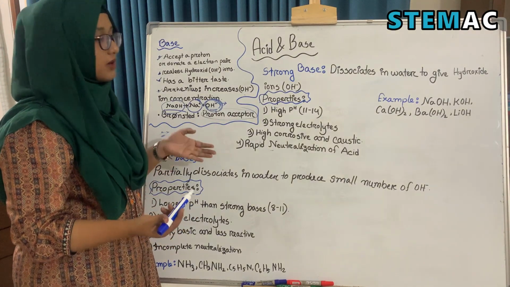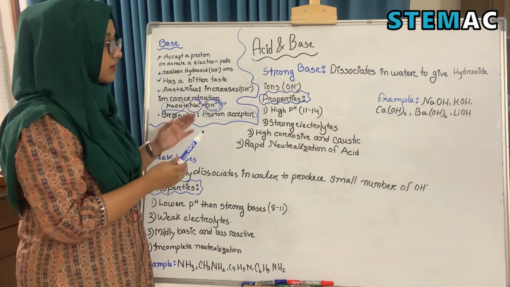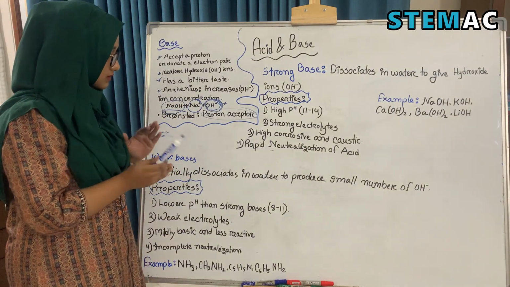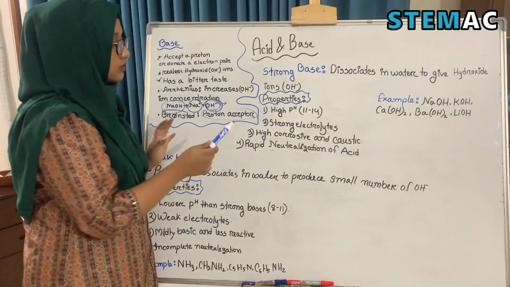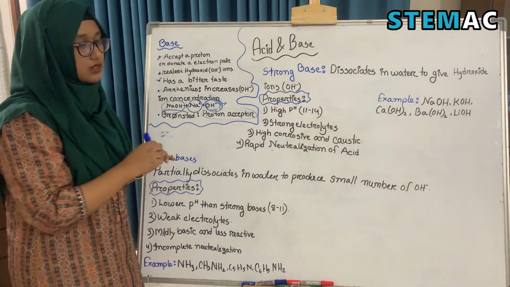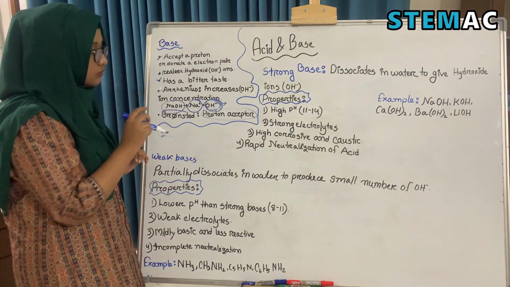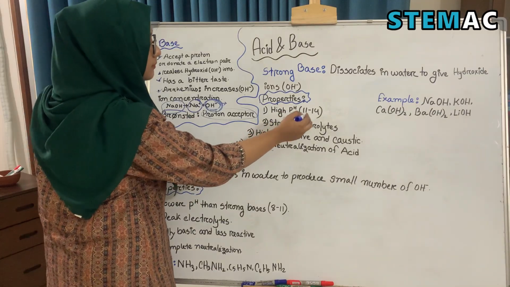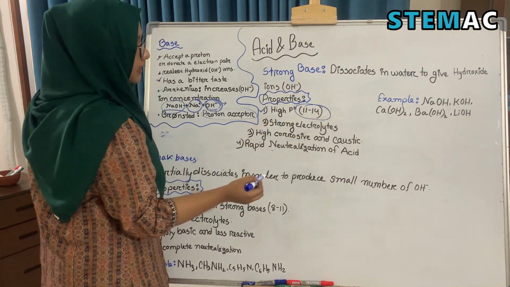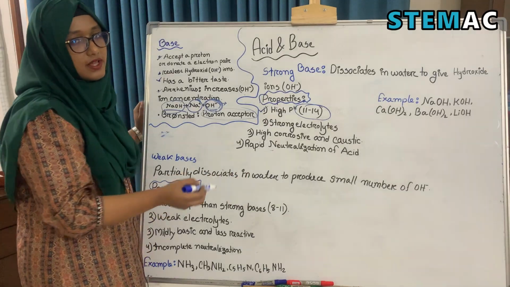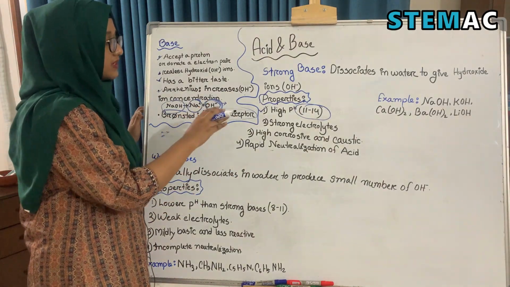So for the properties, how are we going to differentiate between strong bases and weak bases? We're going to compare them with acids, and through those properties we'll know about it. Firstly, strong bases have high pH, from 11 to 14, and they are strong electrolytes.